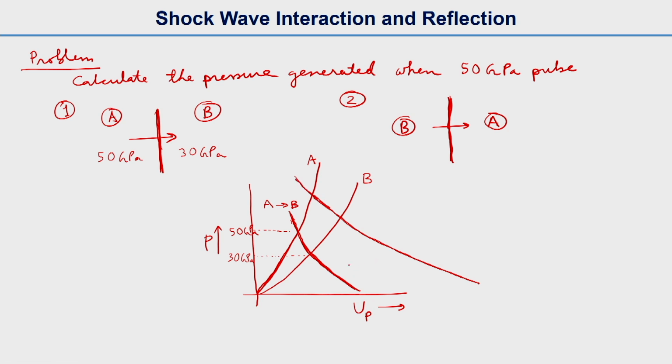Let's say for the first case, we can give the reflect AR as name, and let's say we can give BR as the name. So now this is the second case from B to A.